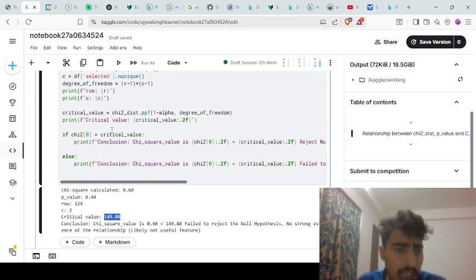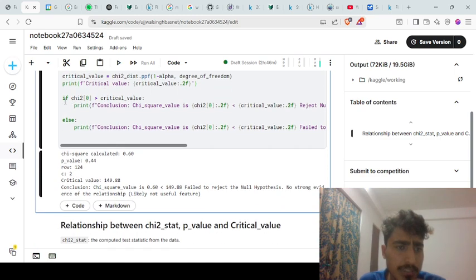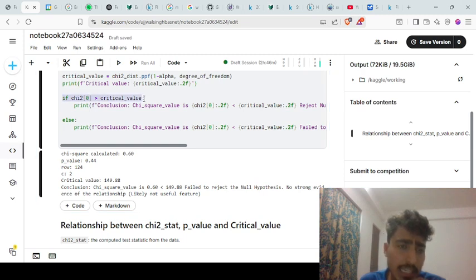Now we have the calculated chi-square of 0.60 and the p-value, which are the main reason for accepting or rejecting the hypothesis.